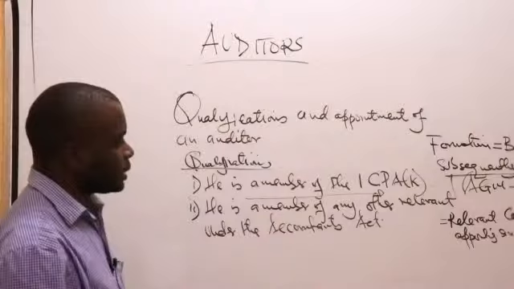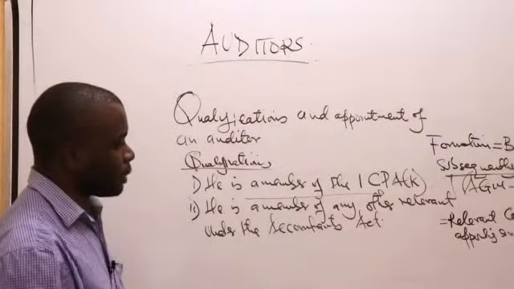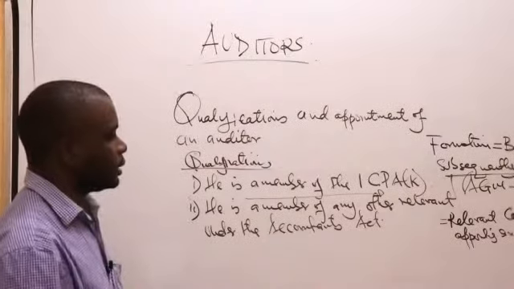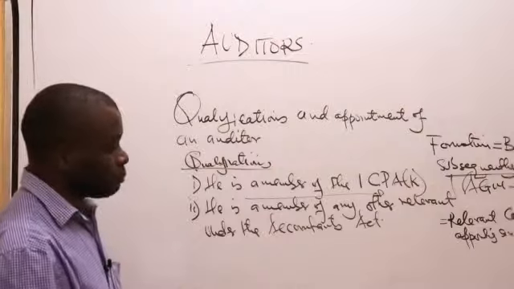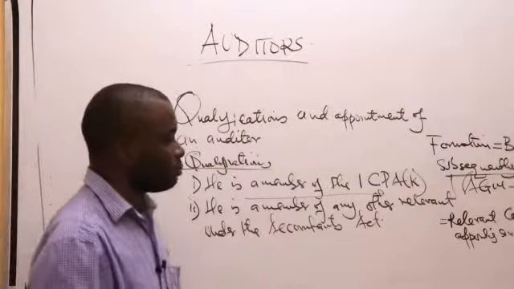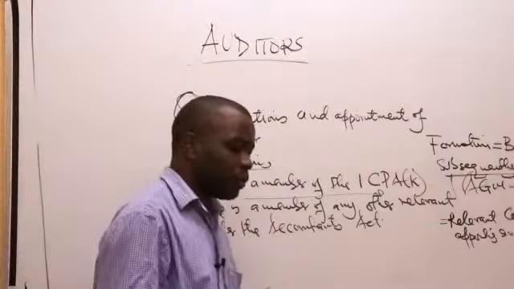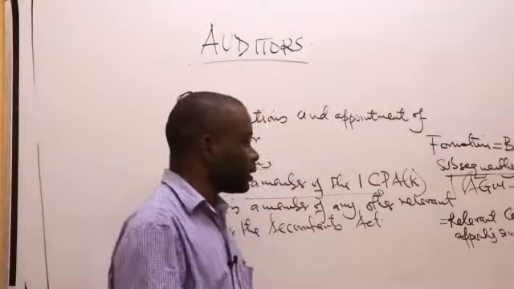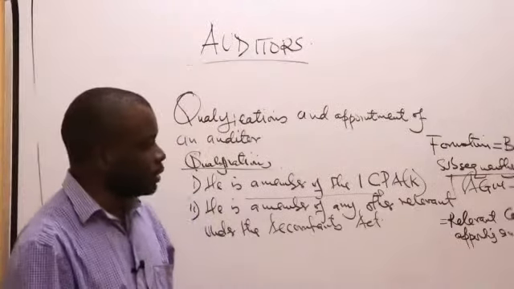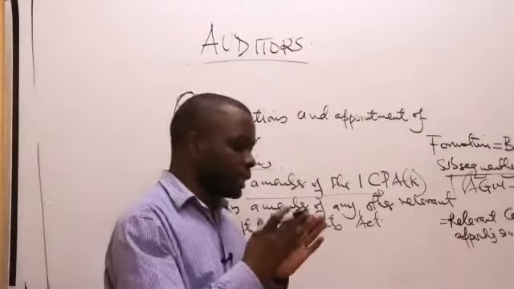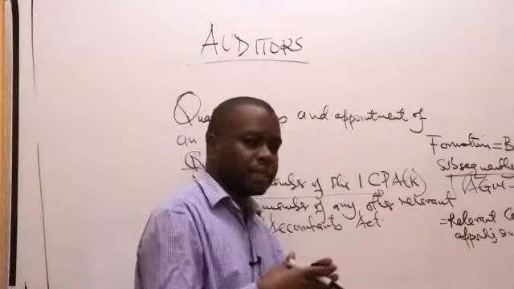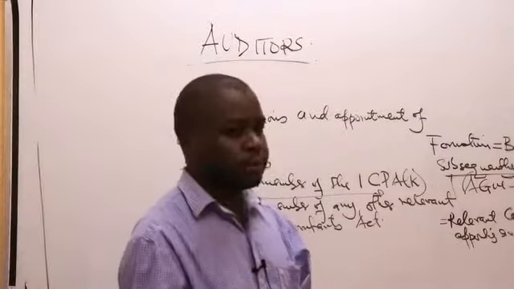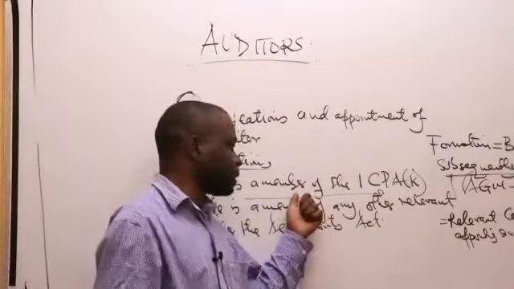Maybe he hasn't followed the professional requirements, for example, integrity, honesty, independence. So ICPAK discovers that this particular auditor is carrying out his work without the required professional standards. In such a case, they could revoke his certificate of practice. This means that, for example, if he was serving as an auditor of the company, at the next AGM he's not qualified because his certificate of practice has been revoked.